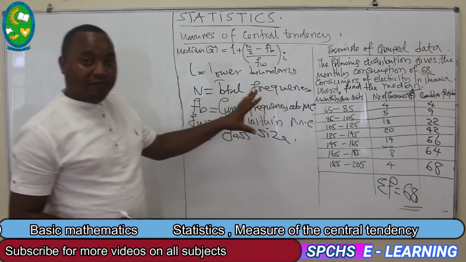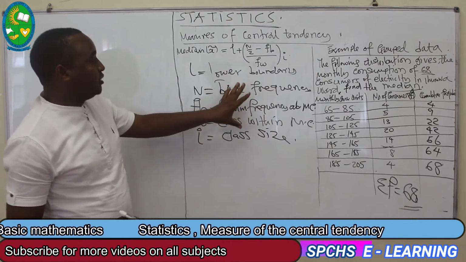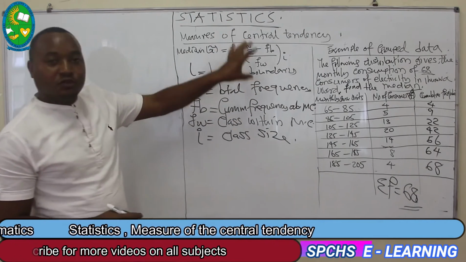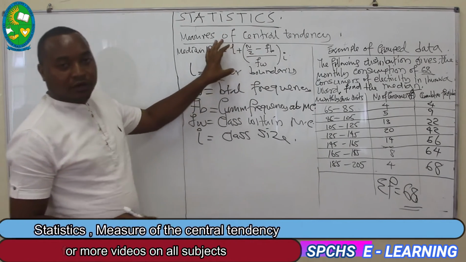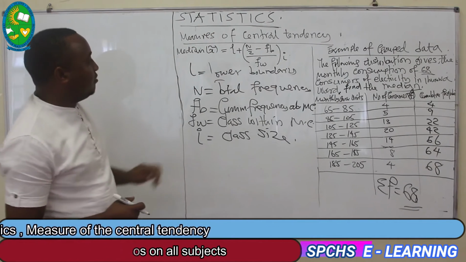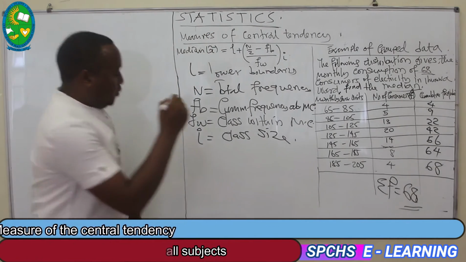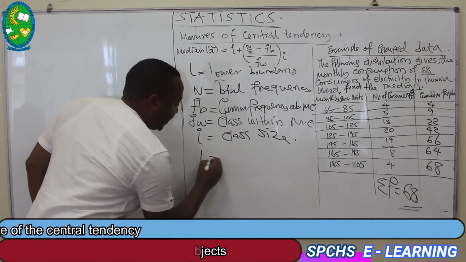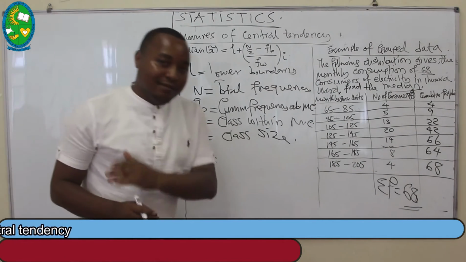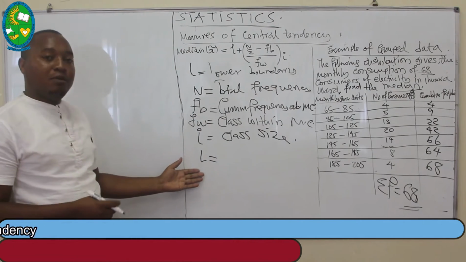Then, after having known the abbreviations for this formula, now we can substitute the values in order to obtain the median. From here, what will be our L, the lower boundary? This is the lower real limit, or in other words, the lower boundary.